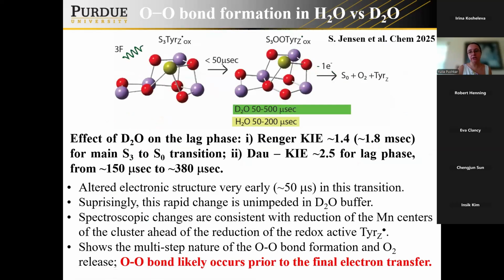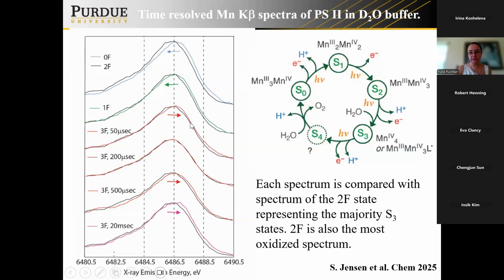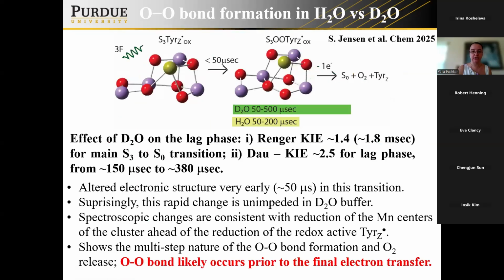What we have learned from the kinetic experiments in D2O is that we think this transient process, this most interesting oxygen-oxygen bond formation step, is extended in time. We saw the early onset of the reduction as in H2O, so this early onset was not affected.